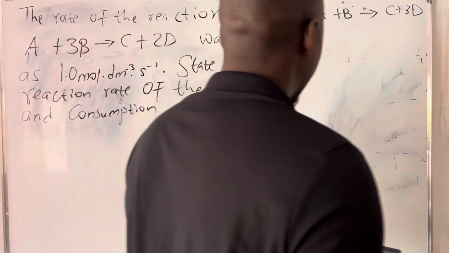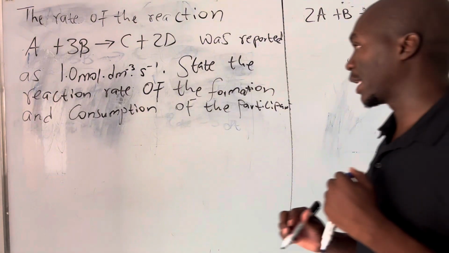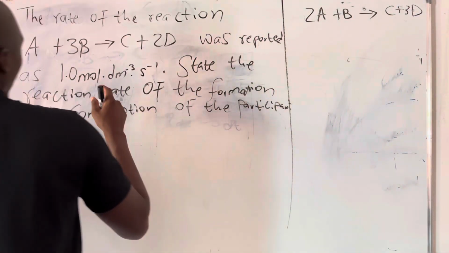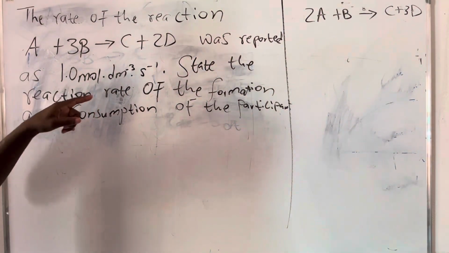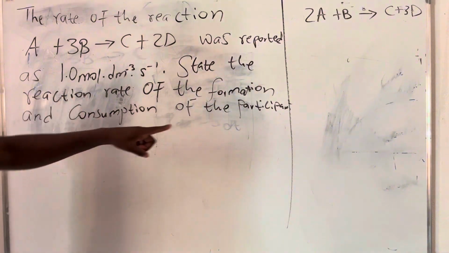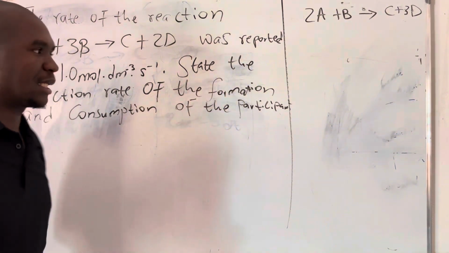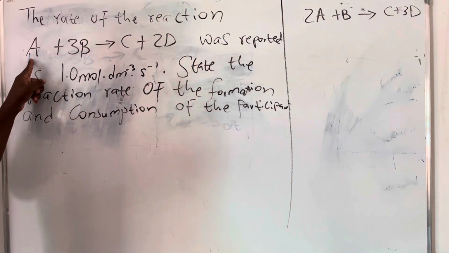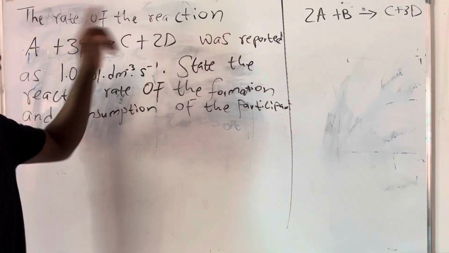So I want you to take this moment and think about this question. We talk about the formation and the consumption. So the question says, find the formation and the consumption of the participants. What are the participants? First participant, second participant, third participant, fourth participant.